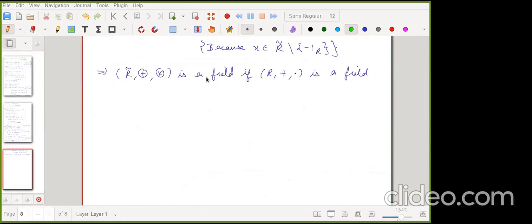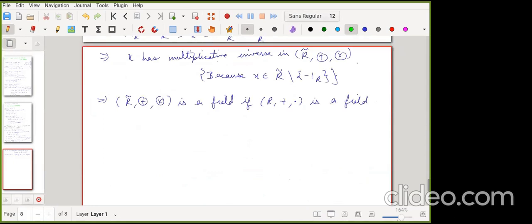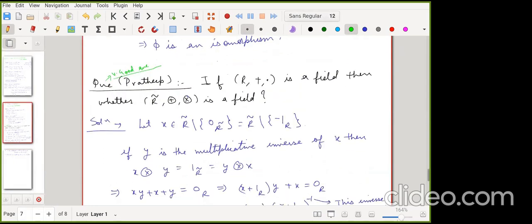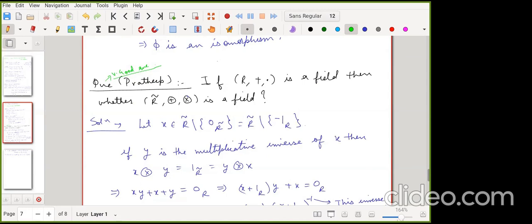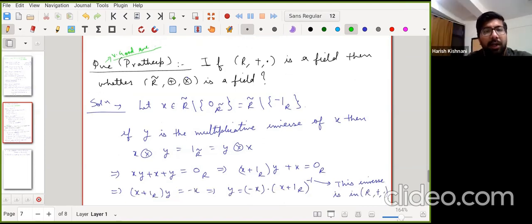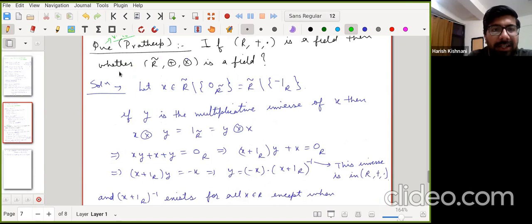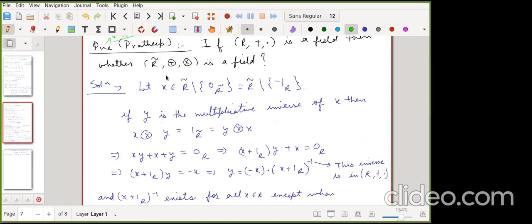You are discussing that R and R delta are isomorphic. Yes, R and R delta are isomorphic as rings. If R is a field, then directly R delta is a field. R delta is a ring that we have already checked, a commutative ring with unity.